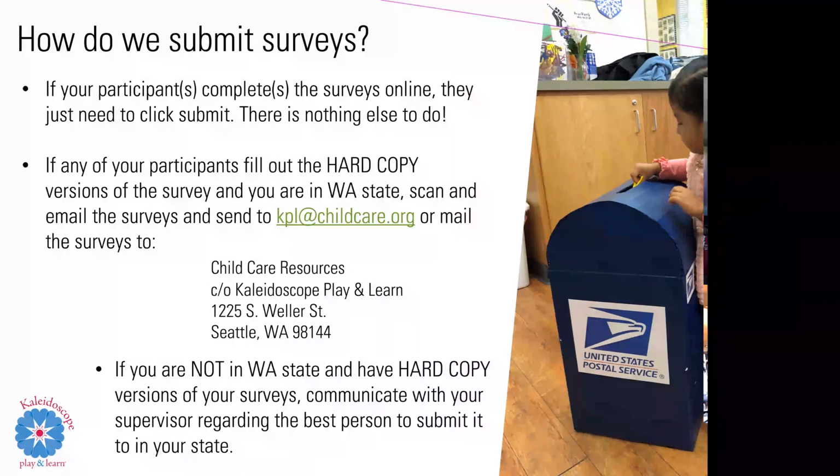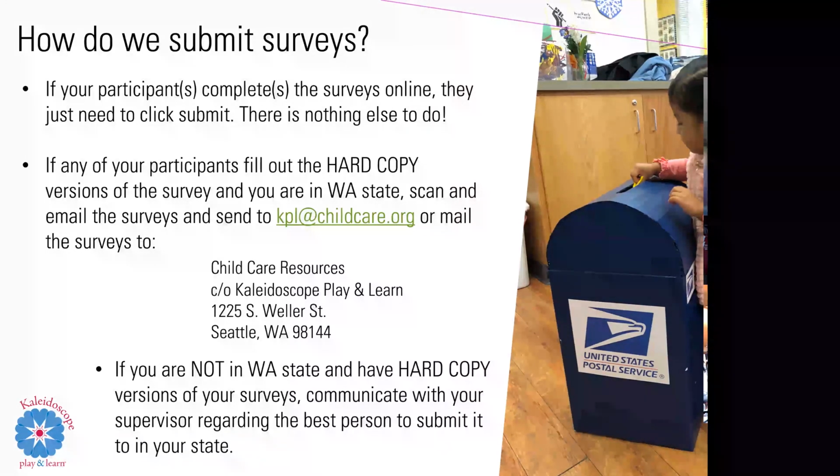If you are not in Washington State and have hard copy versions of the surveys, please communicate with your supervisor regarding the best person to submit it to in your state.